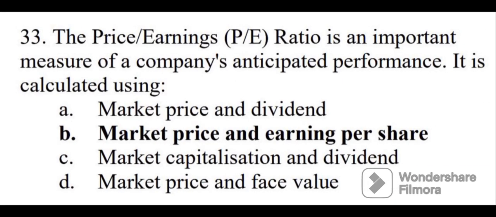So the answer is B, market price and earning per share. This is basically the price of the share listed on the market divided by the amount of profit the company generates per share, that is EPS, earning per share. Price to earning.